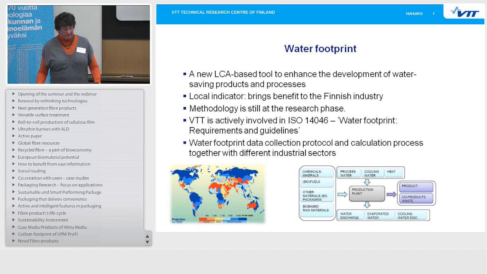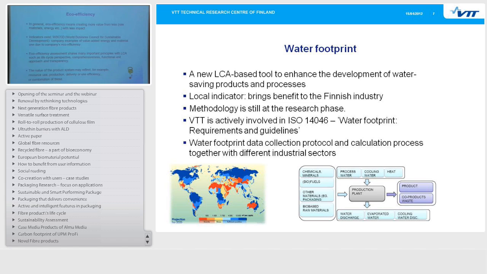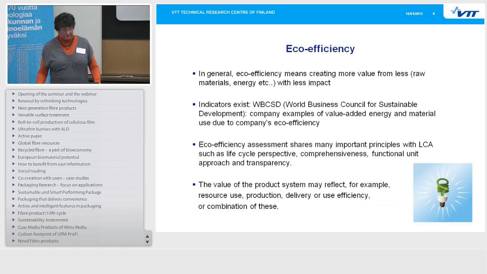There are different indicators that exist, very general level indicators. For instance, World Business Council for Sustainable Development has developed some company examples for the indicators, but I think that this kind of eco-efficiency indicator should be at least sector-specific or company-specific.